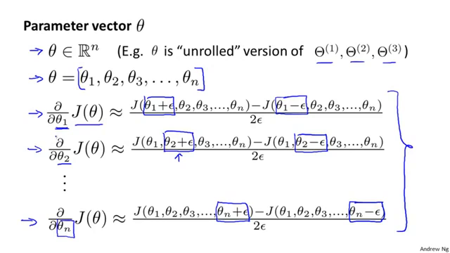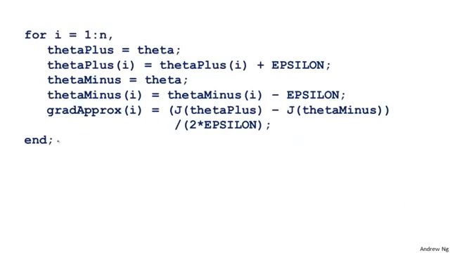Concretely, what you implement is therefore the following. We implement the following in Octave to numerically compute the derivatives. We say for i equals 1 through n, where n is the dimension of our parameter vector theta, and I usually do this with the unrolled version of the parameters. So theta is just a long list of all of my parameters in my neural network, say. I'm going to set theta plus equals theta, then increase the ith element of theta plus by epsilon. So theta plus is equal to theta except for theta plus i, which is now incremented by epsilon.